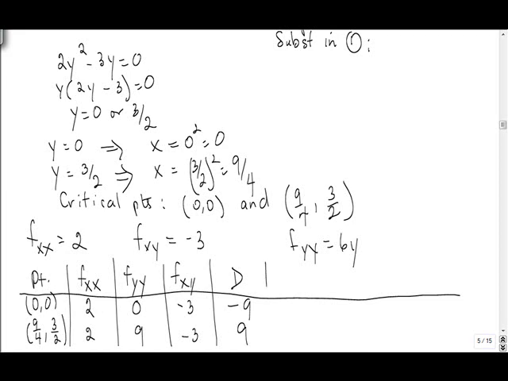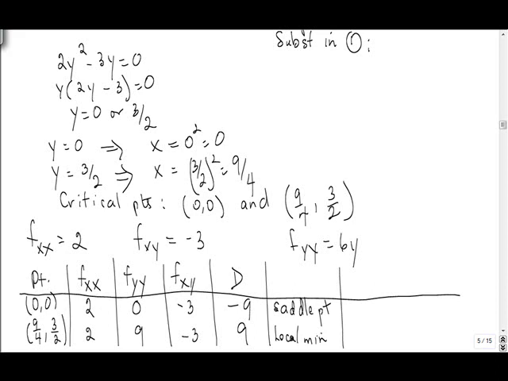Okay, what do we have here? D is negative, so this is a saddle point based on our conditions. And here D is positive and fxx is positive, so this is a local minimum.